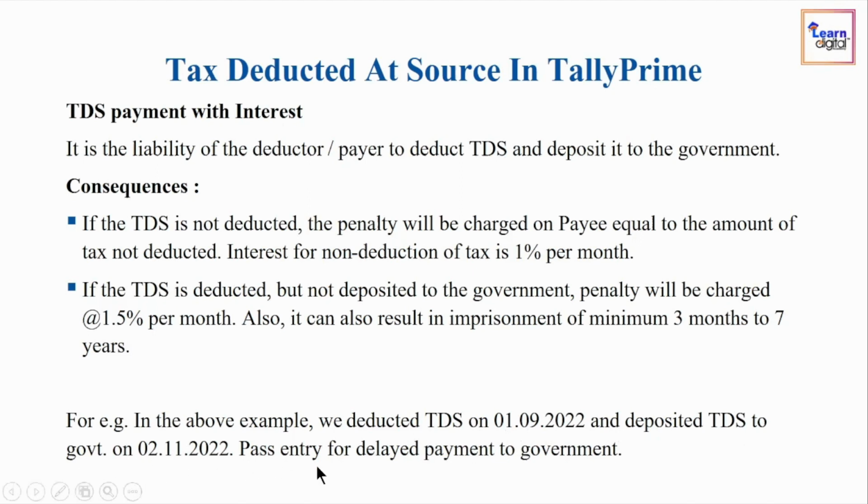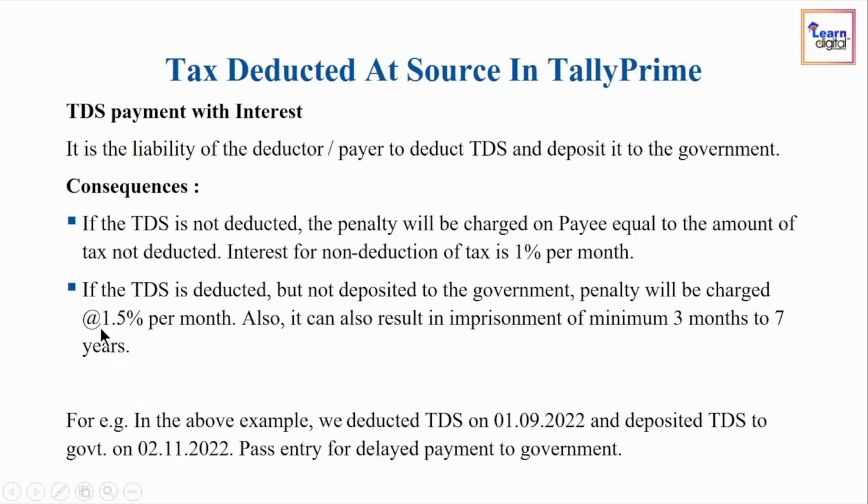That is, we deposited after 3 months. We deducted in the month of September, not deposited in September, not in October, but in the third month, on 2nd November. So for such a delayed payment, we have deposited 20,000 as the TDS deducted, and along with that we need to deposit some penalty also.